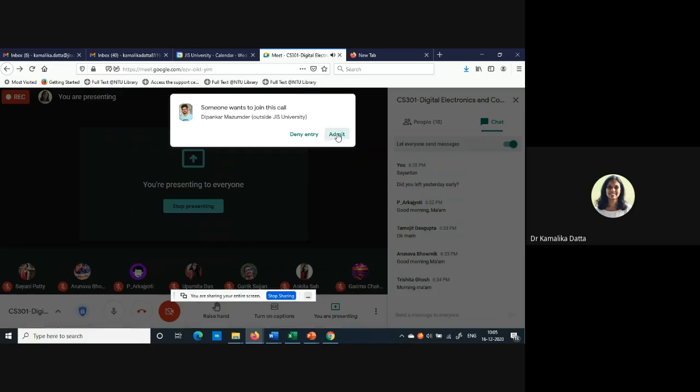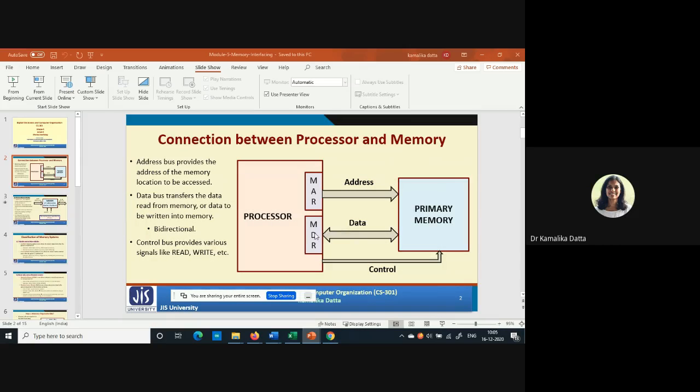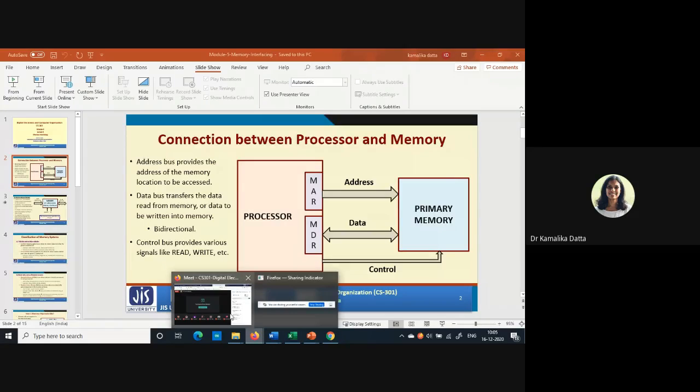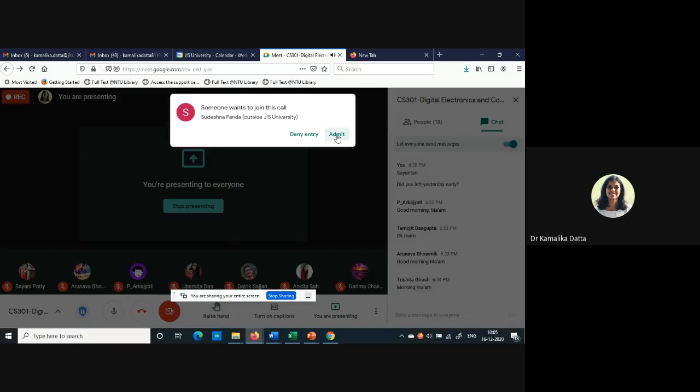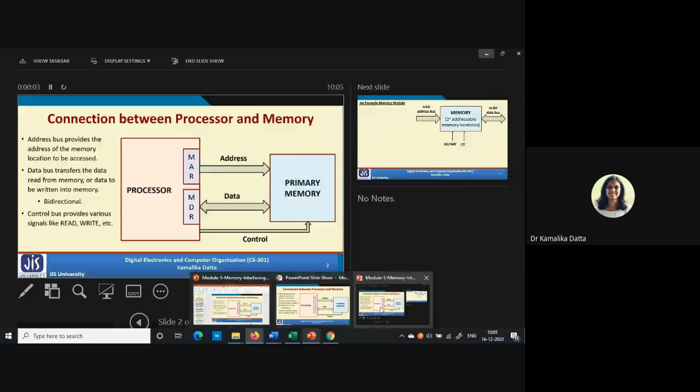One of those registers is your memory address register, another is your memory data register. The memory address register contains the address, and the memory data register contains the data.